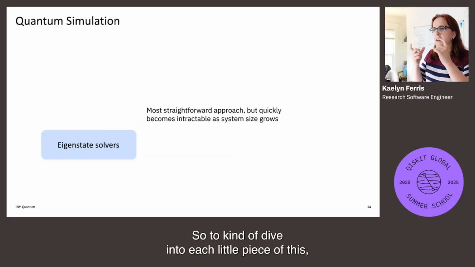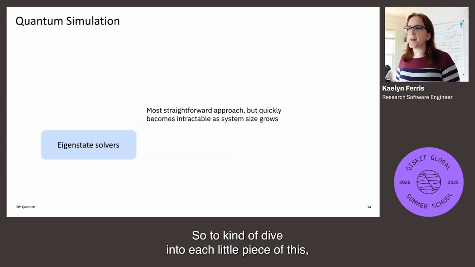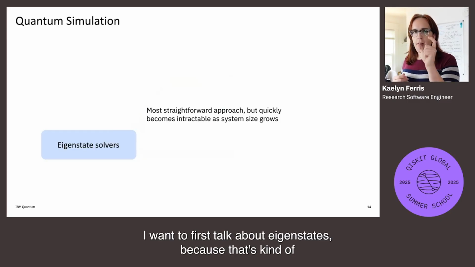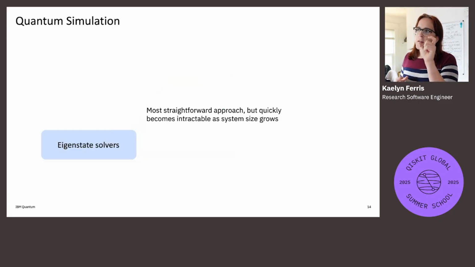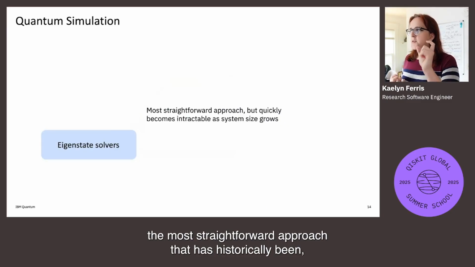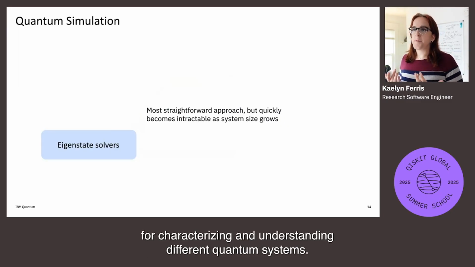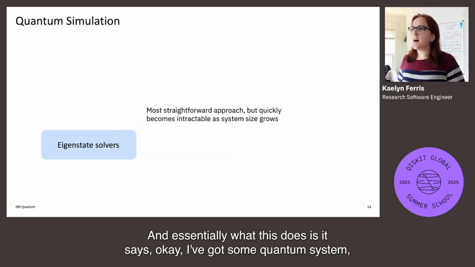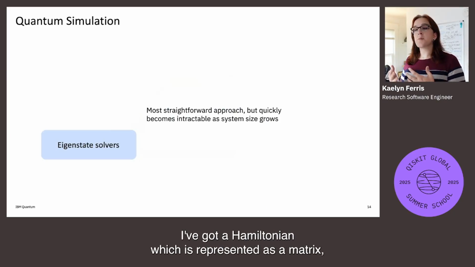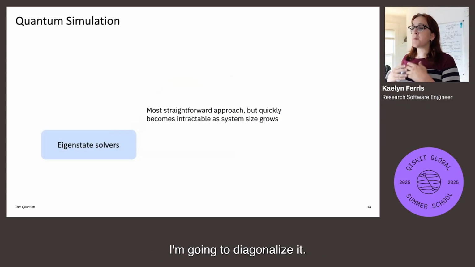To dive into each piece, I want to first talk about eigenstate solvers, because that's the most straightforward approach, and historically probably the most commonly used for characterizing and understanding different quantum systems. Essentially, I've got some quantum system and a Hamiltonian, which is represented as a matrix. I'm going to diagonalize it.